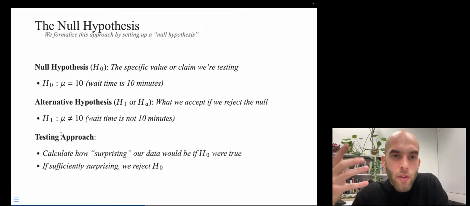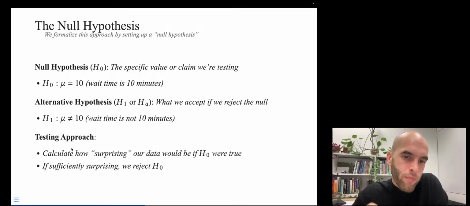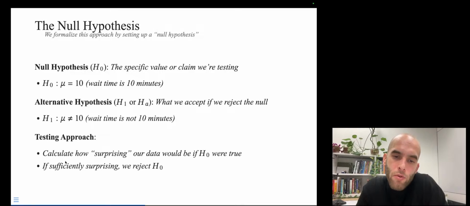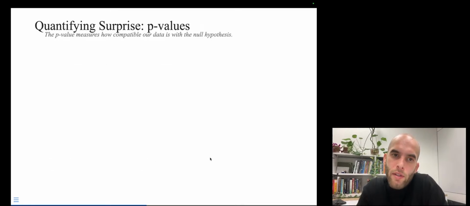Essentially, the approach we're going to develop, building on the intuition of what we just did, asks how surprising our data would have been if the null hypothesis were true, and then thinks about what would need to be true to feel confident rejecting the null hypothesis.